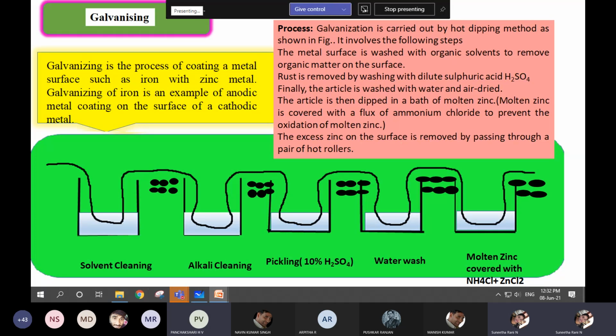Because it is a 40 minute class, there may be 10 minutes lagging, because the plan is for a 1 hour session. After planning, the classes are for 40 minutes, so there will be little lag; maybe one topic more or less, we'll be doing it, sir. Actually, according to the plan only, I tried to cover.